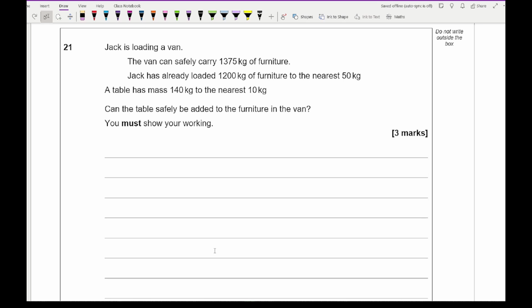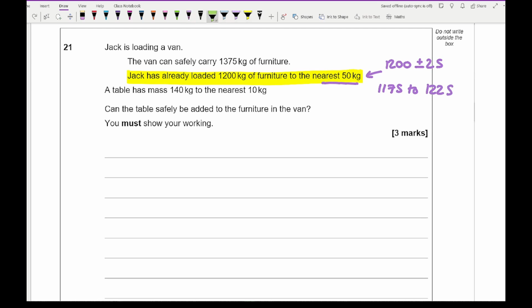So let's have a look at this. Looking at what's been rounded, we know that this has been rounded. So if I look at the max and minimum of this, it's going to be 1,200, and if I divide 50 by 2, I'm going to get 25. So on a plus minus 25. So from this, what I then get is 1175 to 1225 as my upper and lower bounds.